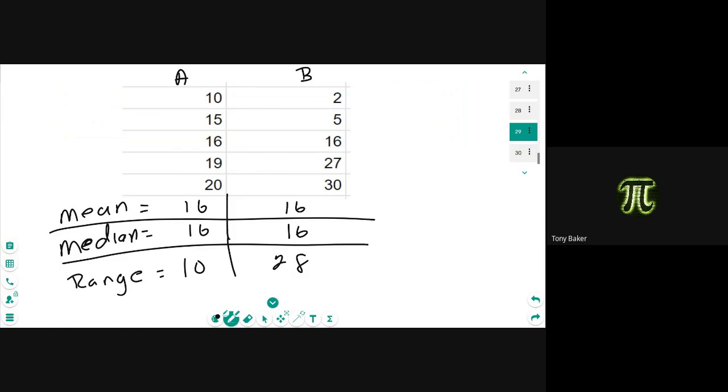So that's one way for us to figure out how varied the information is. The big one, the one that we're going to use pretty much all of the time, is known as standard deviation and variance. I'm going to show you the formula, and you're never going to use it. So the range is the difference between the largest and the smallest.